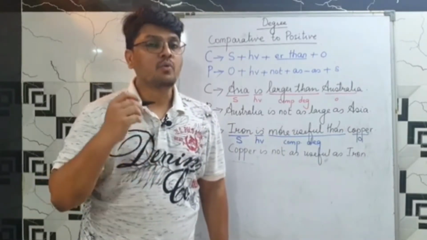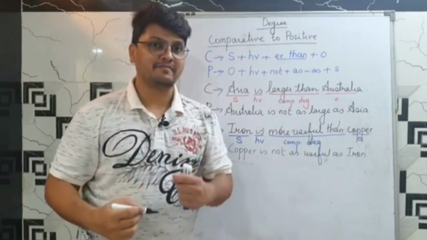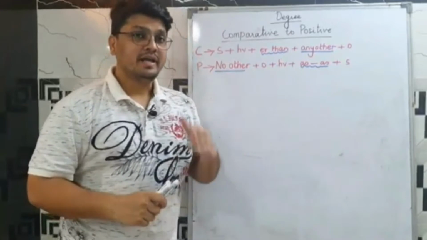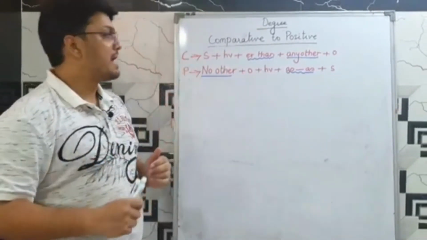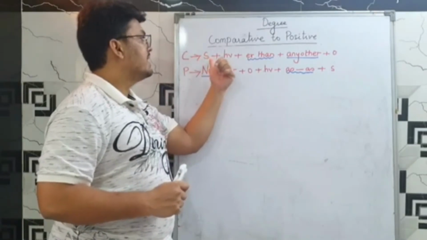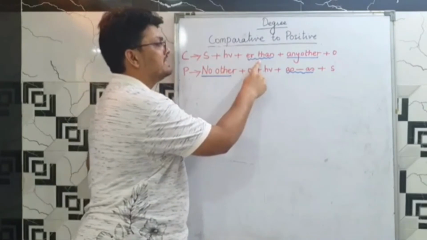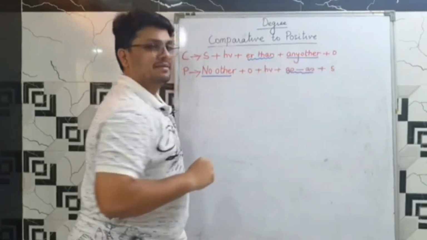Now students, we will see a different type of comparative degree. Let's see this structure. This is also comparative degree. You can see it has started with subject plus helping verb plus er then plus any other plus object.